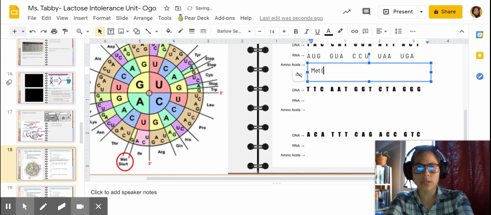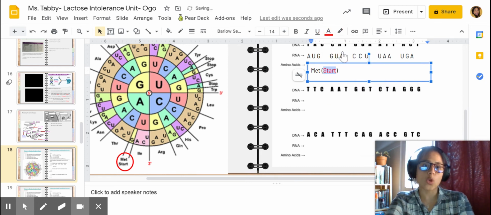And start is important because that is a typical start point when creating amino acid chains. AUG is a starting amino acid, and that's why it's red. That means this key term is not the MET, but the start. I'd like you to put start into your key terms as a typical beginning of the amino acid chain. And we'll get to that later.